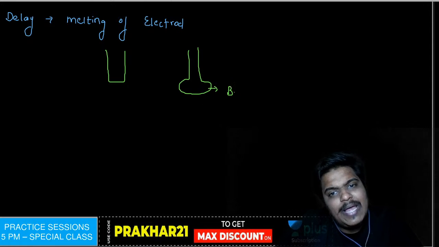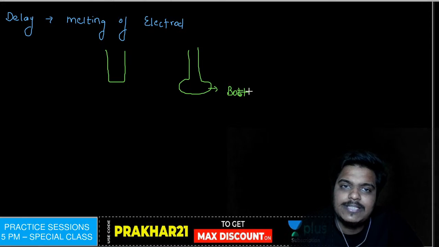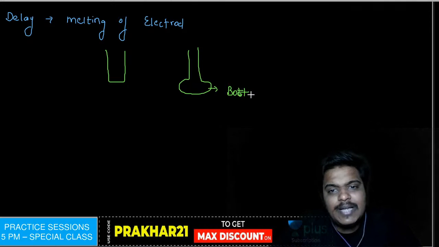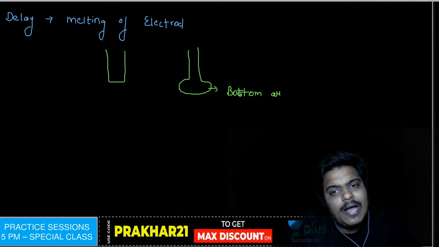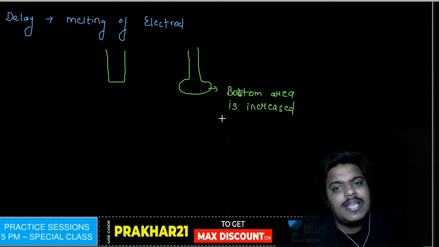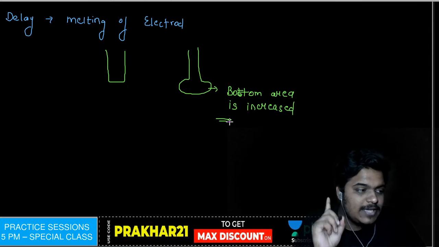This bottom area increases, so the heat required to melt this also increases, and that is why the probability of melting decreases. Is it clear? Bottom area is increased. Is it clear to all of you?